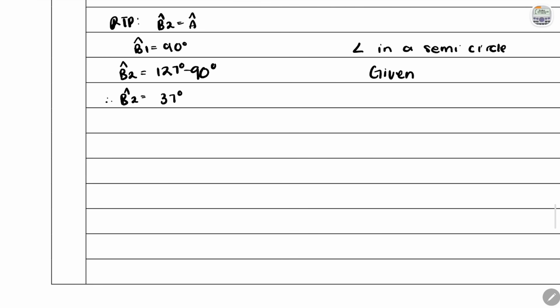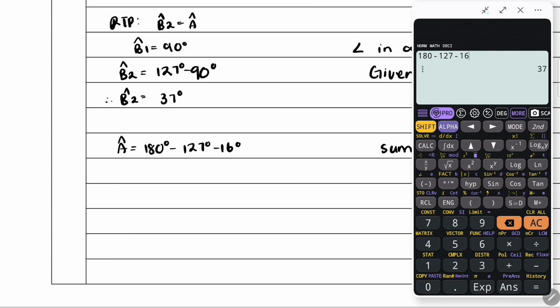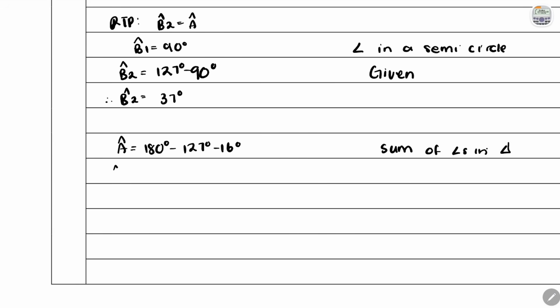So to find angle A, we'll simply say that angle A is equal to 180 degrees minus 127 degrees minus 16 degrees. And the reason for this is because we have the sum of angles in a triangle. Okay, and 180 minus 127 minus 16 indeed is equal to 37 degrees.